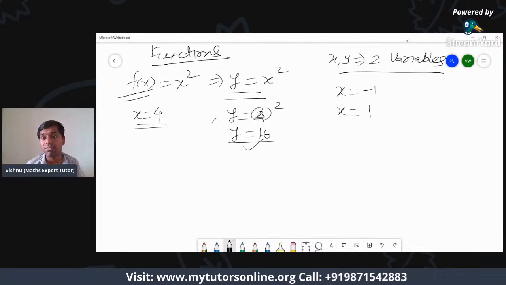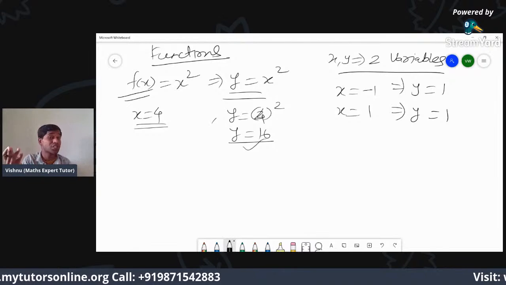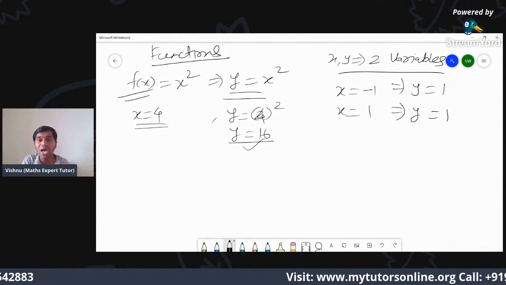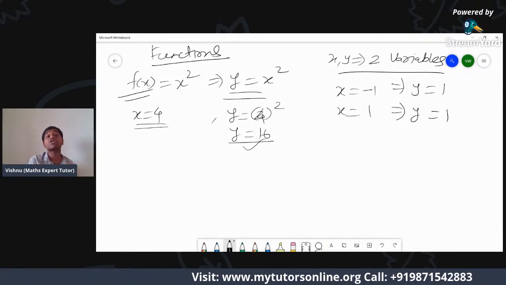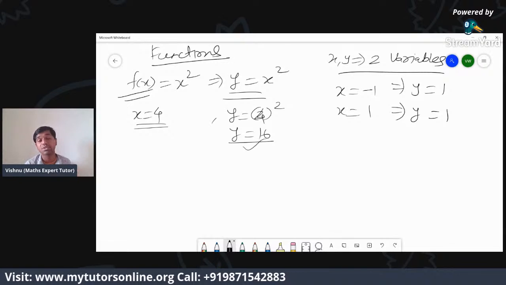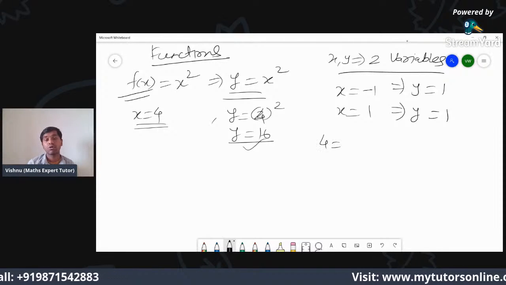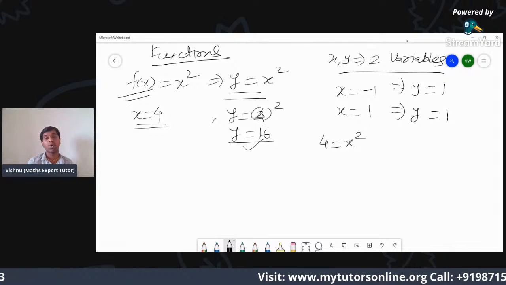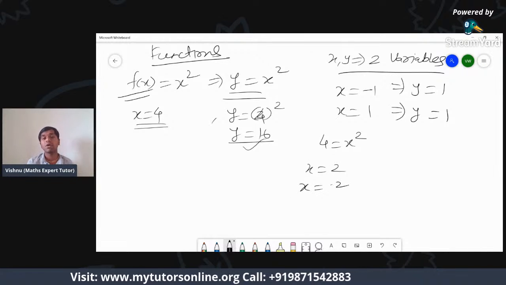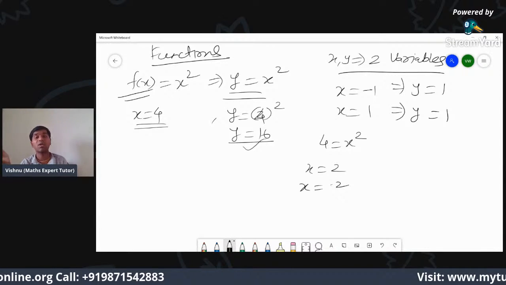What will be the value of y in this case? 1. So it is possible that for many values of x, y can have the same value. Or is it also possible that for the same value of y, x has a different value? Of course, that is also possible. For example, y is 4 and x square is 4, x can be 2 also.